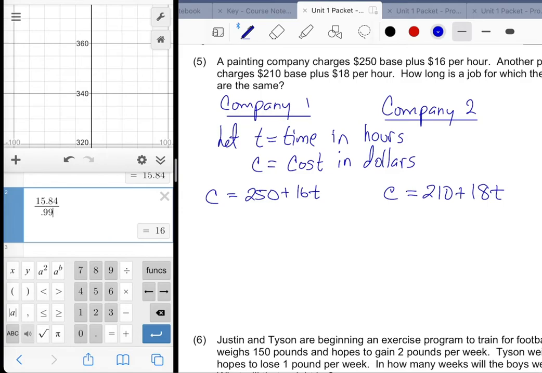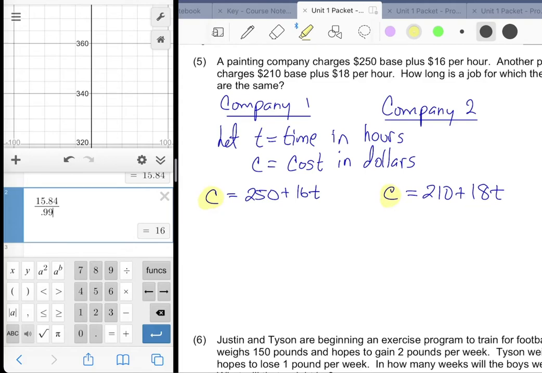What they want to know is what the t value would be in order for these two equations to have the same cost. What they're telling us is that whatever this value is for C, it's going to be exactly the same as this value for C. Which means that these two equations must be equivalent, or there must be some value of t that makes these two equations equivalent.